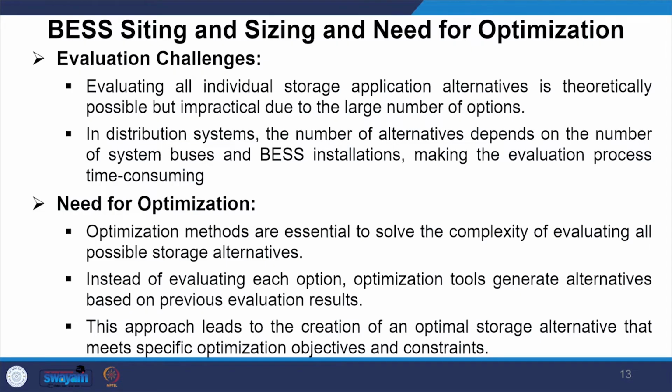Now, evaluating all individual storage application alternatives is theoretically possible but impractical due to the large number of options. In a distribution system, the number of alternatives depends on the number of system buses and BESS installations, making the evaluation process quite time consuming, and hence we have to carry out optimization processes.